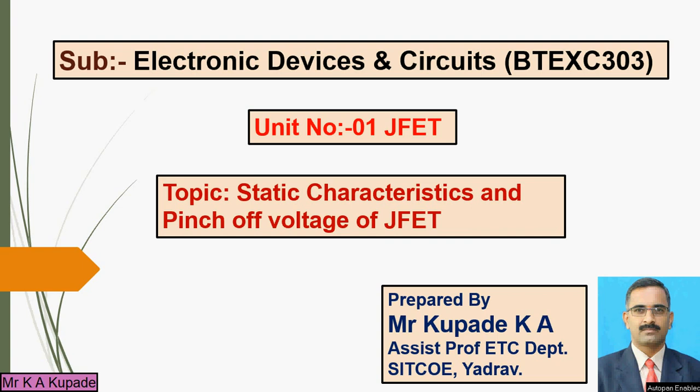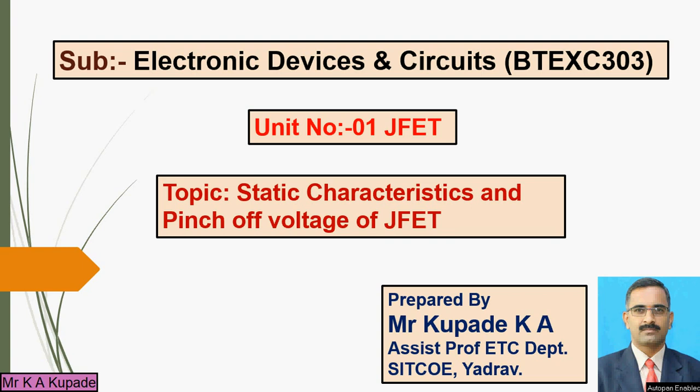I will take one review about its construction, operation, and type. Consider one semiconductor bar, which may be either N type or P type. If you are considering the N type bar, then the P type substrate is diffused at the side of that semiconductor bar.